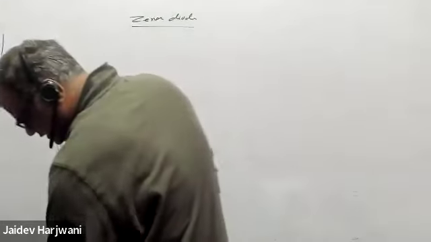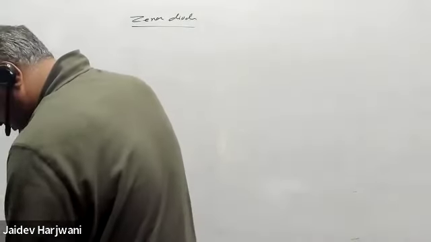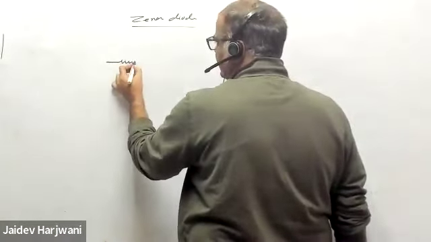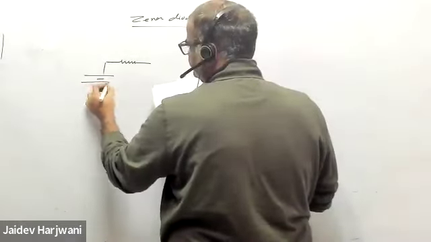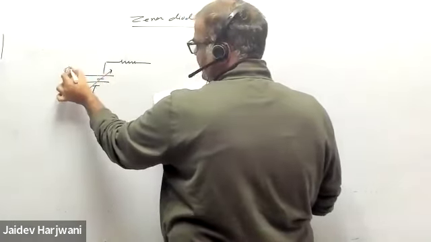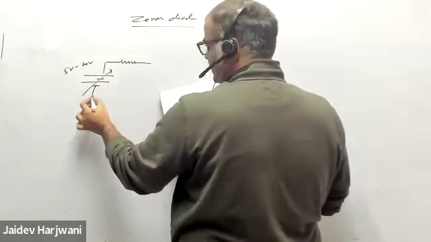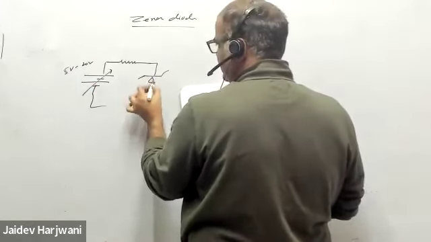Now let us do one or two more problems. You have been given 5 volt to 20 volt, and you have been given the diode.